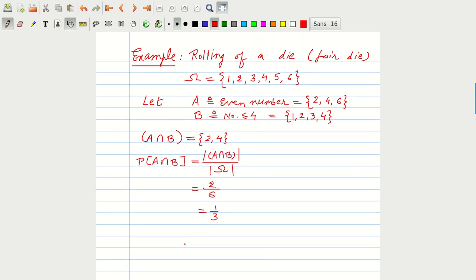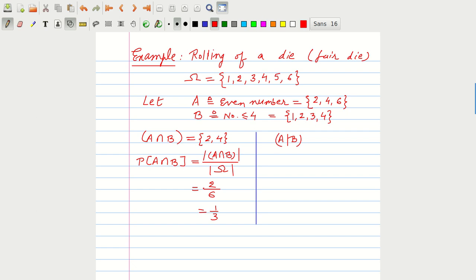Now let us look at the conditional event A given B. Now what does it imply? A given B means the event, it is known that the number that shows up is a number which is less than or equal to 4.